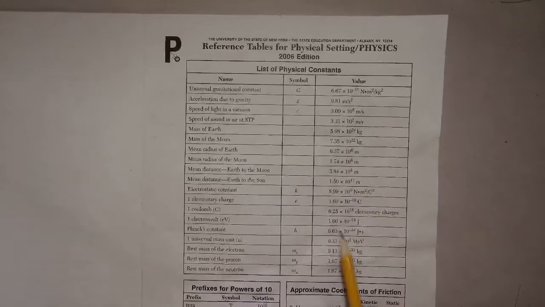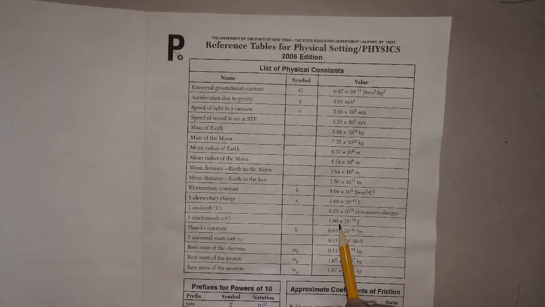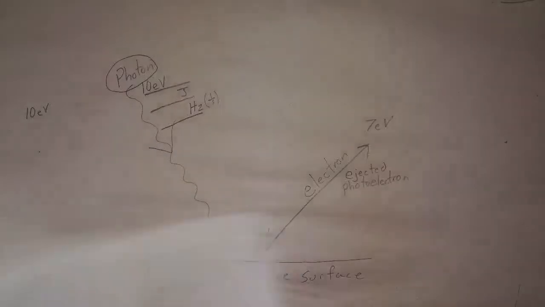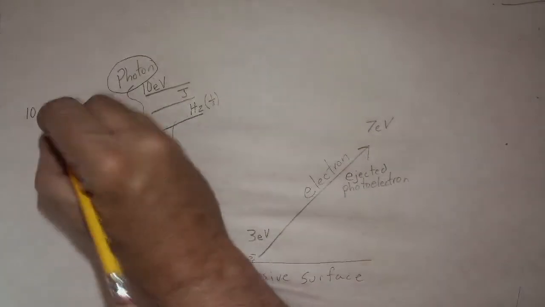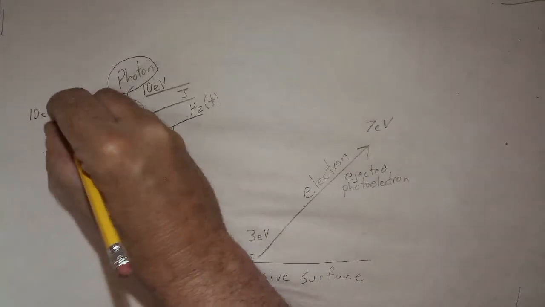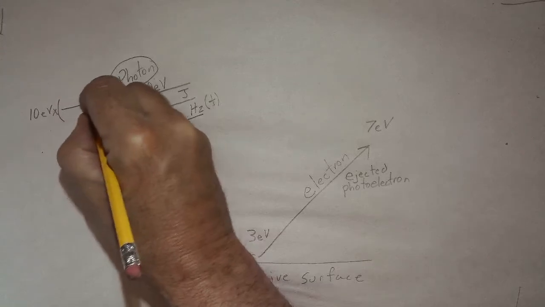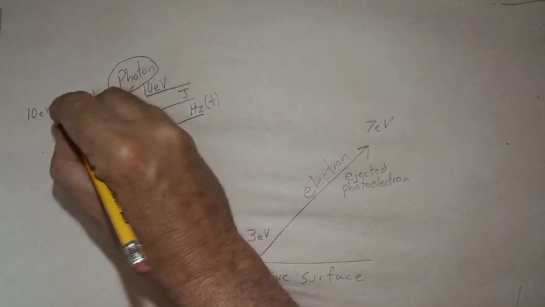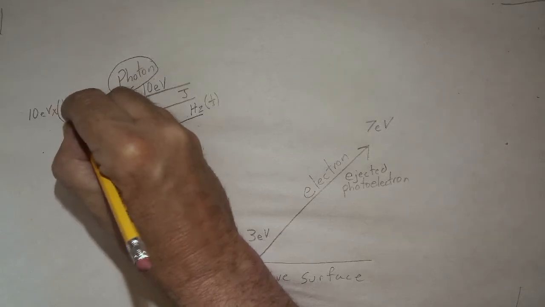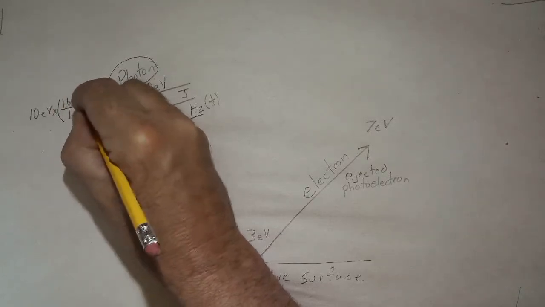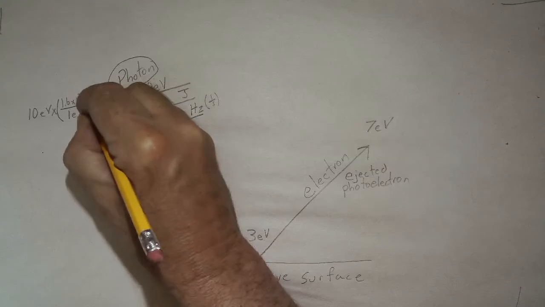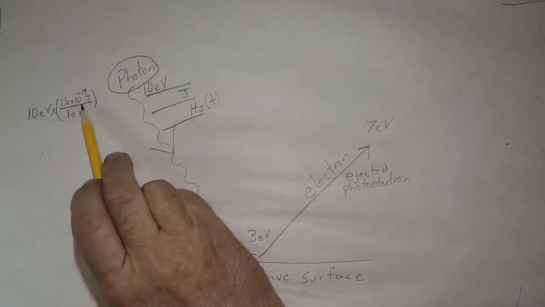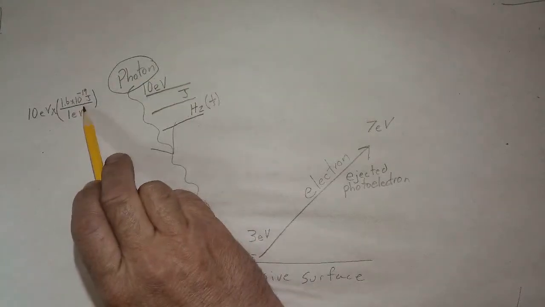So 1 electron volt is the same thing as 1.6 times 10 to the minus 19th joules. That allows us to multiply by 1. So 10 EVs times 1, we're going to put 1 EV on the bottom, and that is equal to 1.6 times 10 to the minus 19th joules. This is a fabulously small number.